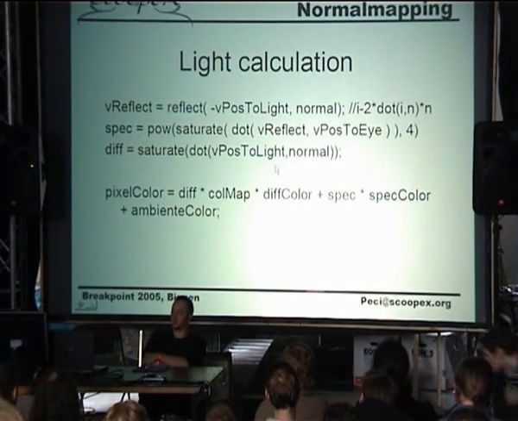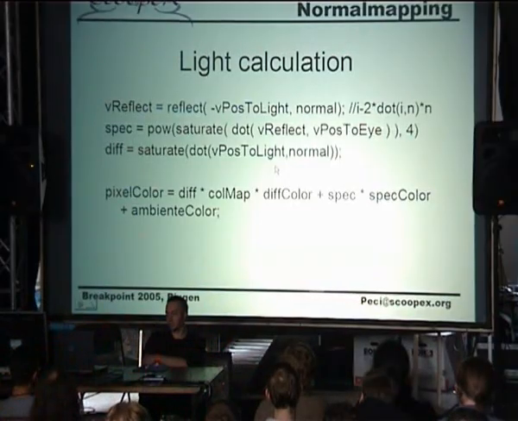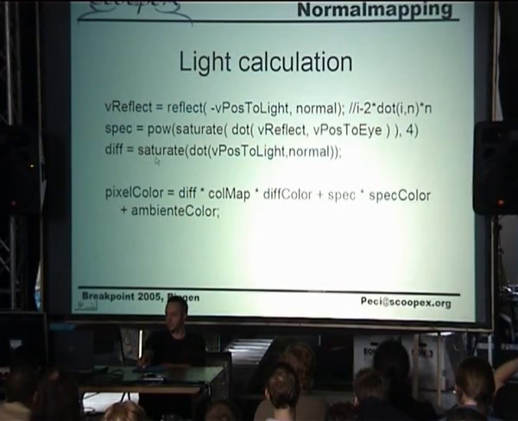Just to remember how you would do a per pixel lighting calculation with a Phong model: you calculate the reflection, you calculate the specularity out of the reflection dot product with the viewing vector, and you calculate the diffuse factor by using a dot product of the light direction and the normal.